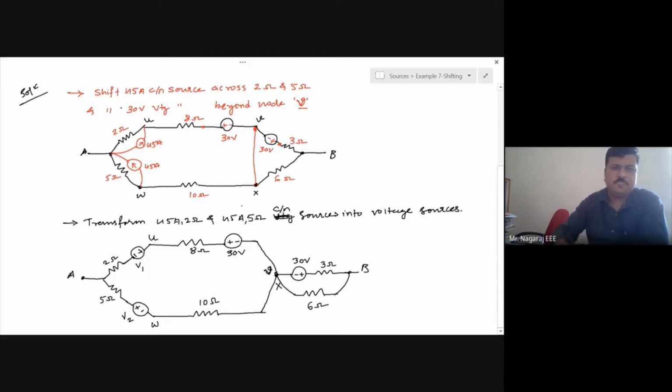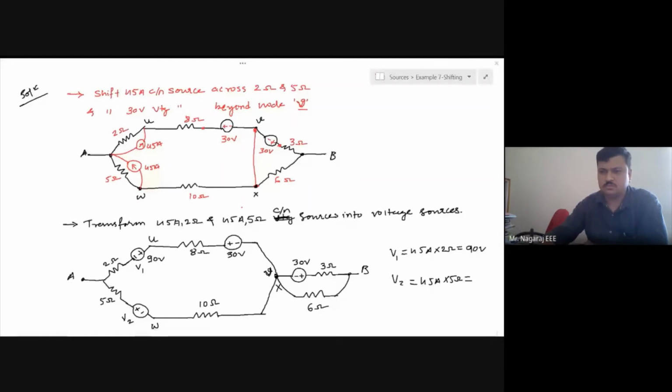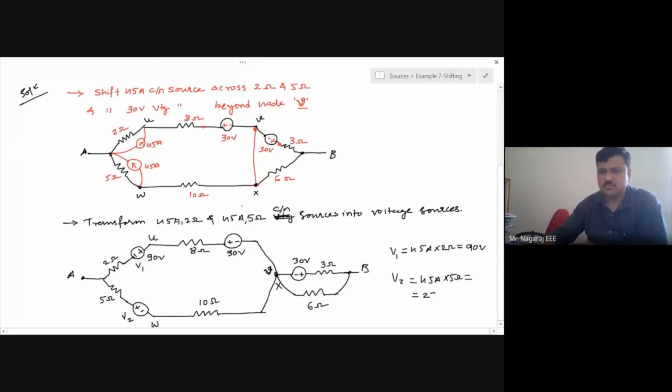We know that 45 amps and 2 ohms is 90 volts. And what about V2? 45 amps and 5 ohms comes out to be 225 volts.